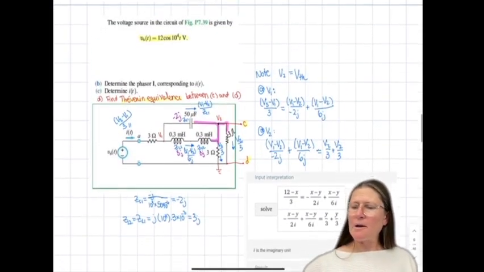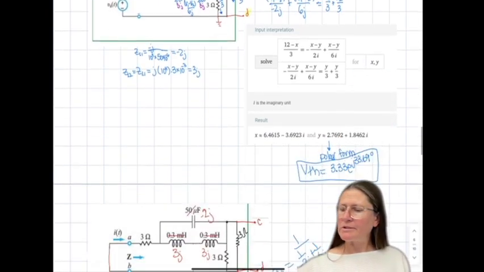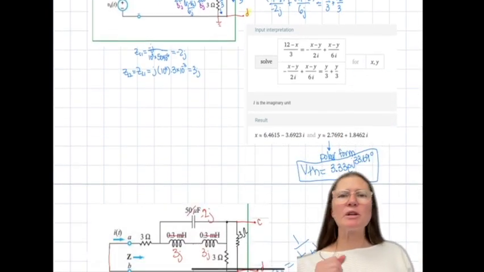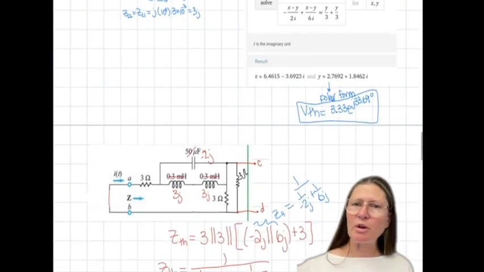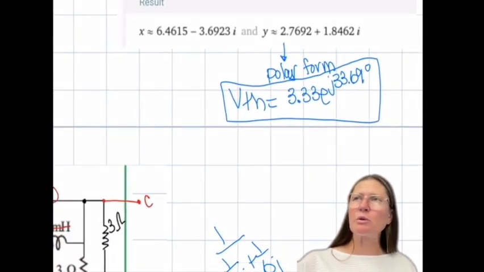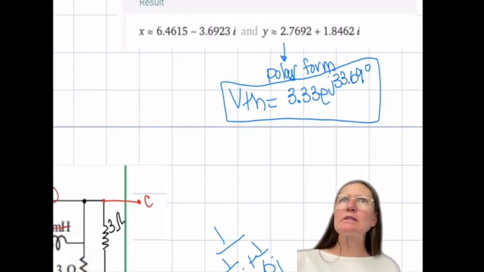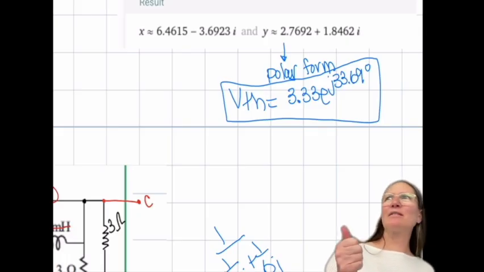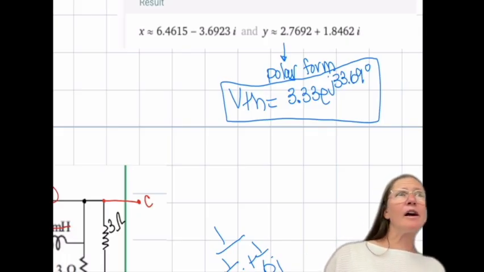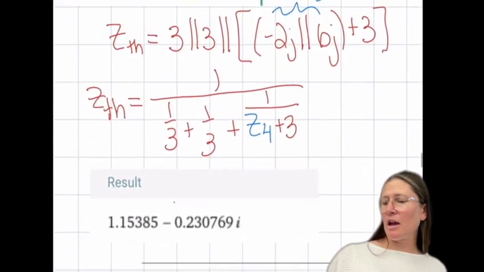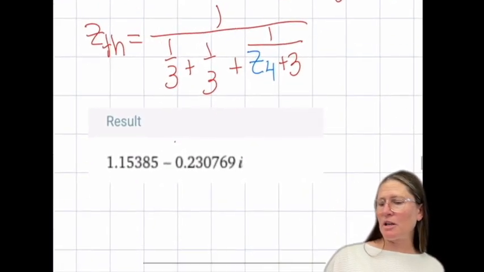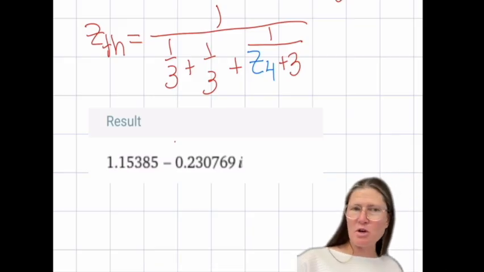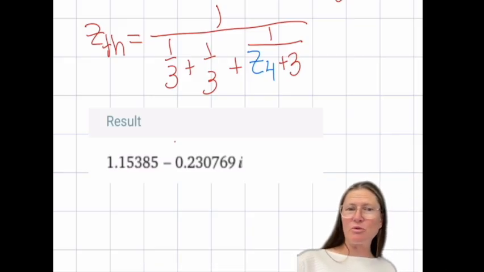All right, so the solution for this should be that VTH is 3.33 e^(j33.69°). Yay, nay? Getting some yeses, okay. ZTH should be 1.154-ish minus 0.23j.